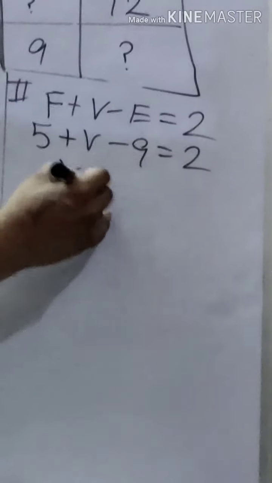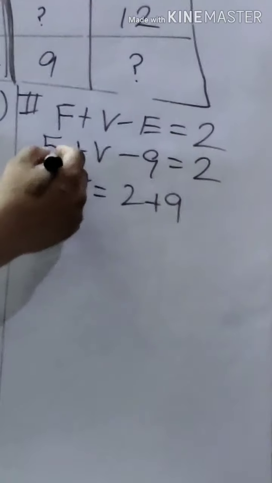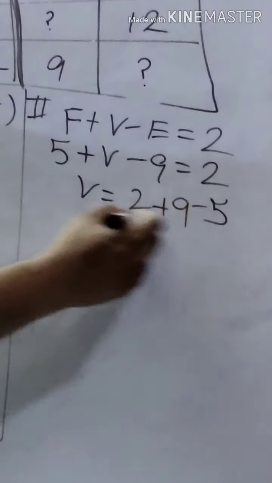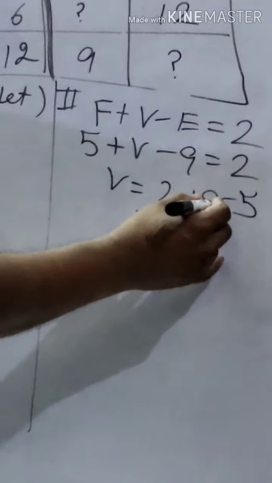So shift all to that side: plus 9, and 5 minus 5. So 2 plus 9 is 11, minus 5, 6. So vertices is 6, its answer will be 6. And here 8 was there.